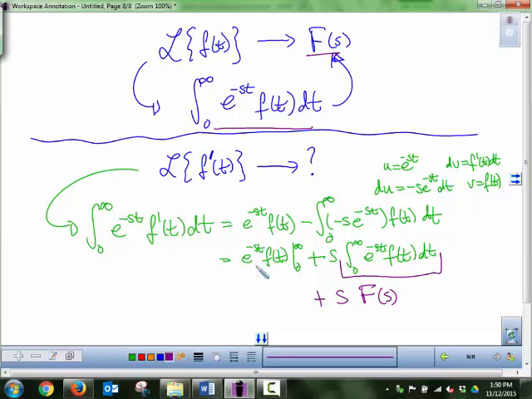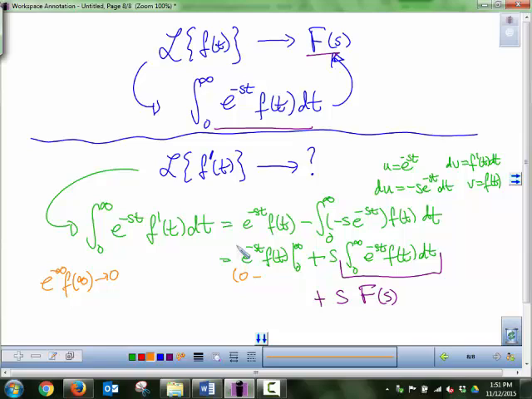Now how about this business over here? Let's figure out what's going on over here. I need to put infinity in there, e to the negative infinity and f of infinity. Well, as long as this exponential function goes off to infinity faster, this is going to go to 0. So this would be 0 minus, now let's put 0 in there.